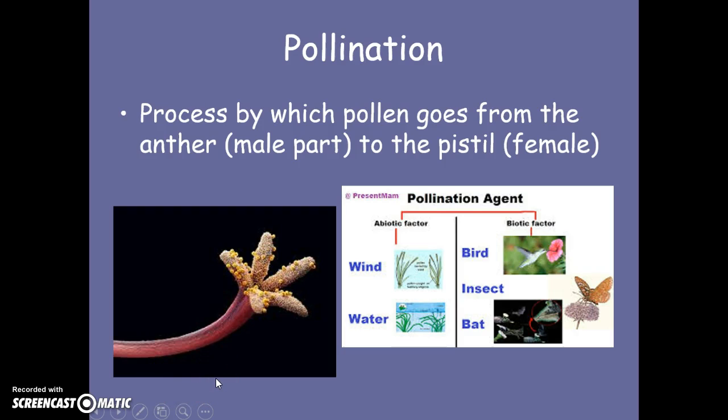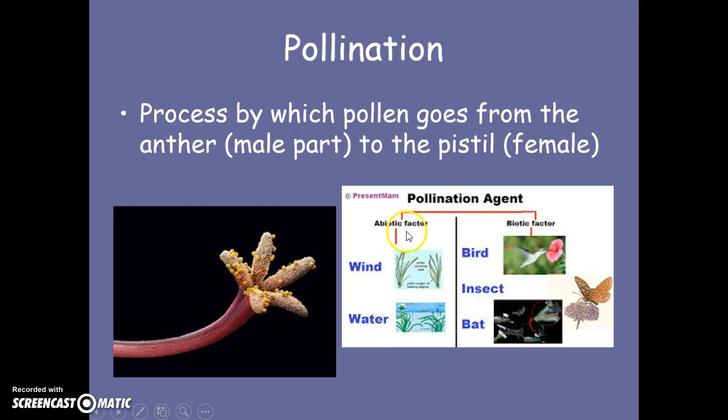Pollination is the process by which pollen goes from one anther to the pistil. Pollination is when the pollen has to get to the stigma somehow. So here's a picture of some pollen grains that have landed on a stigma. 1, 2, 3, 4, 5 parts to this stigma. You can see all the pollen grains on it. That's pollination.